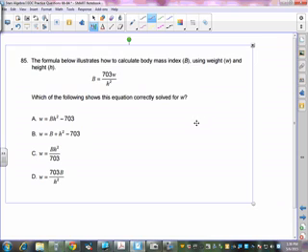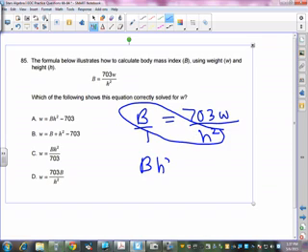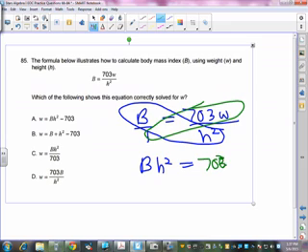All right, and in this one, okay, they want us to solve for W. First of all, I notice here, if I put a 1 under the B, you have a proportion. And proportions are always nice to work with because we can cross multiply. We can multiply that and get B times H squared is equal to, and cross multiply here, 1 times 703W is 703W.